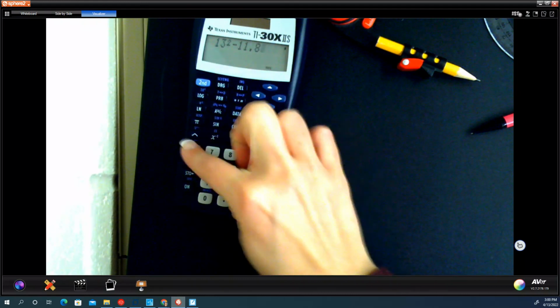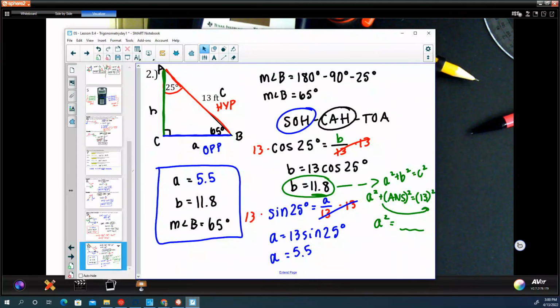Like if I did 13 squared minus 11.8 squared, and then square rooted that, it's like 5.45, which is close, but it's not exact. All right, so you can use your previous if you want to. Just try not to use the rounded version to be the most precise we can be.